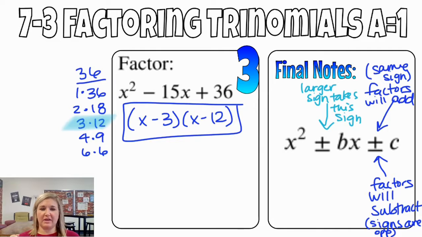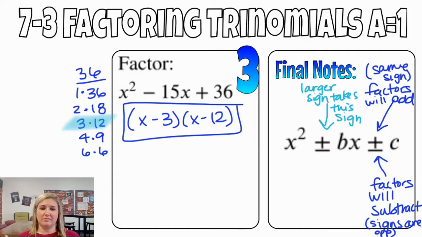So if you're looking at the C part here, and C is negative, which means your signs are going to be opposite, the larger factor takes the sign of B. So if B is negative, the larger factor would be negative, and the smaller factor would be positive. And vice versa, if B is positive, then the larger factor would take the positive, and the smaller factor takes the negative. And that's how you can remember which one goes where.